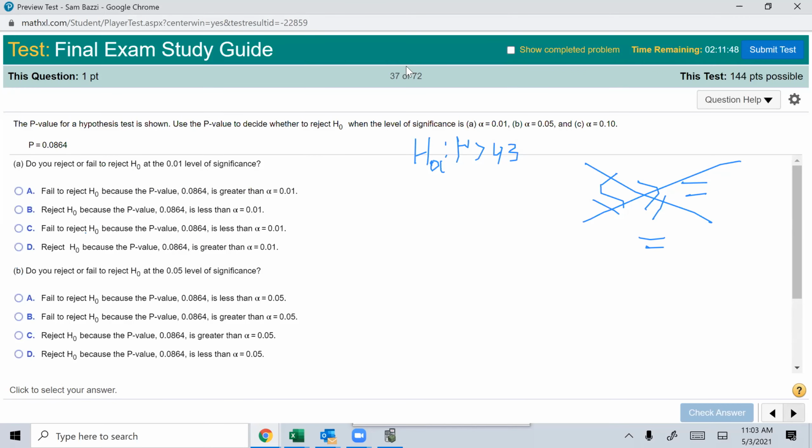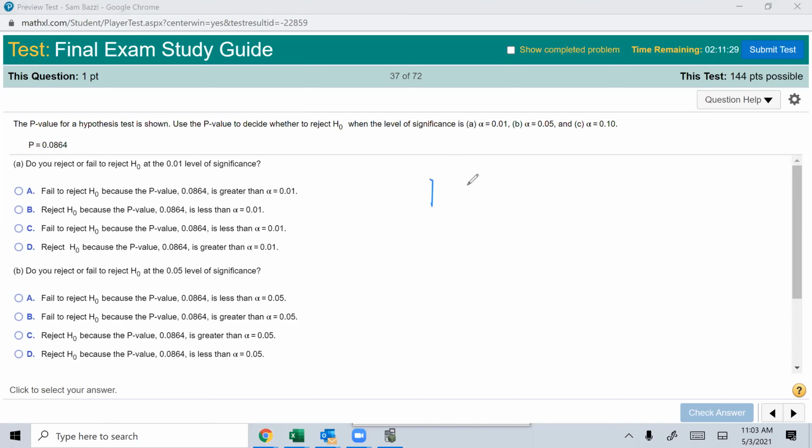Okay. Clear? We haven't gotten into an actual hypothesis testing question. The p-value is shown here. And this is the level of significance. Remember, guys, that's what I need to review with you. If the p-value is less than alpha, we reject H0.